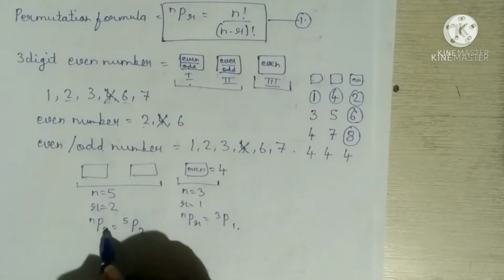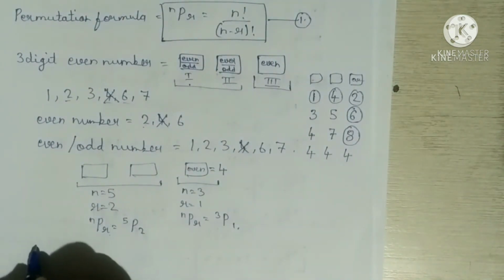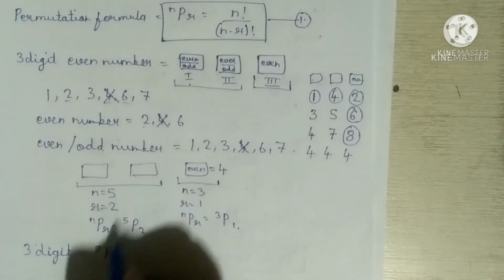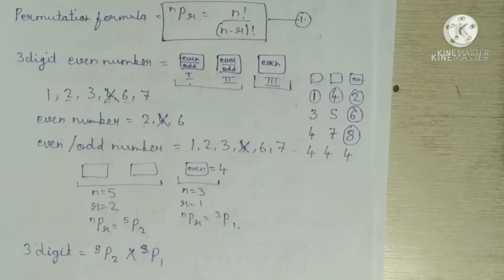Then find with the help of equation number 1. Then the 3 digit is equal to 5P2 into 3P1.